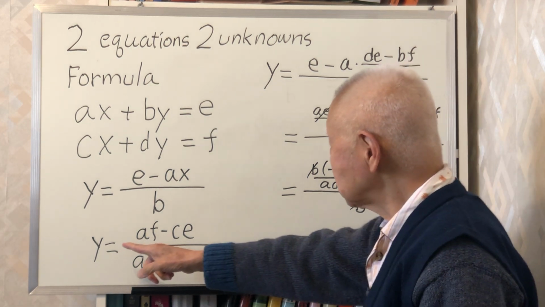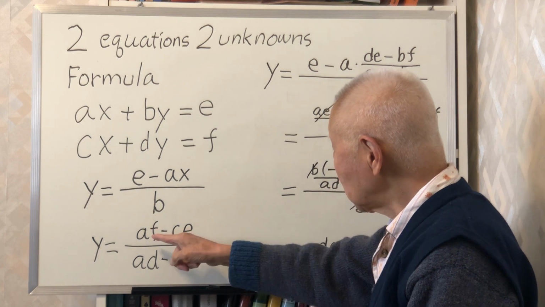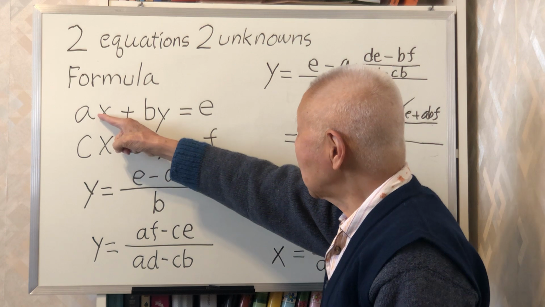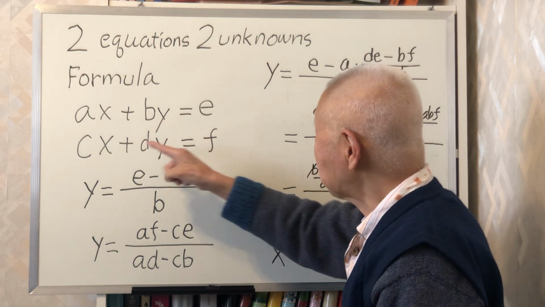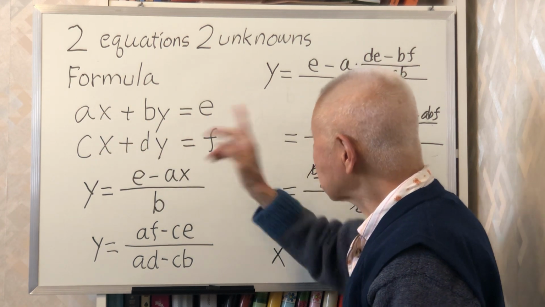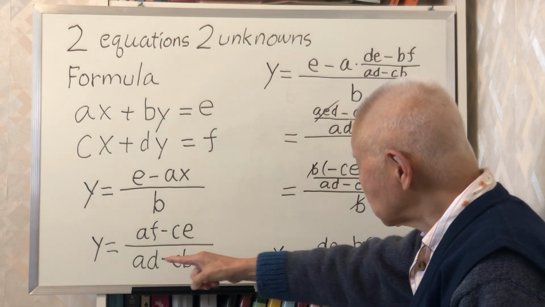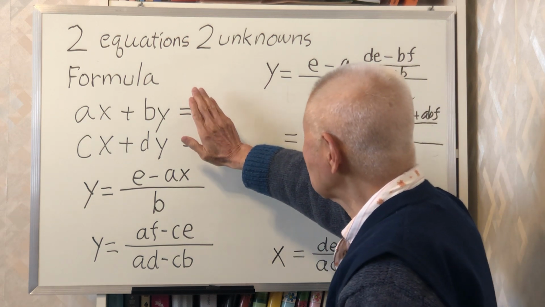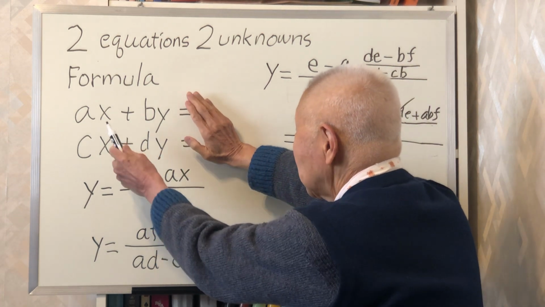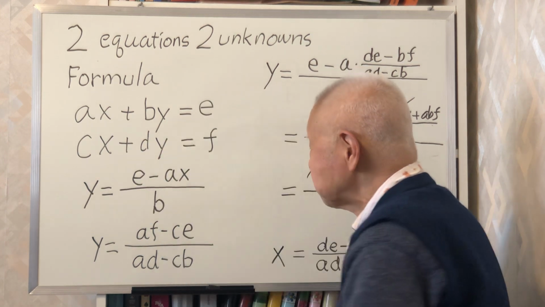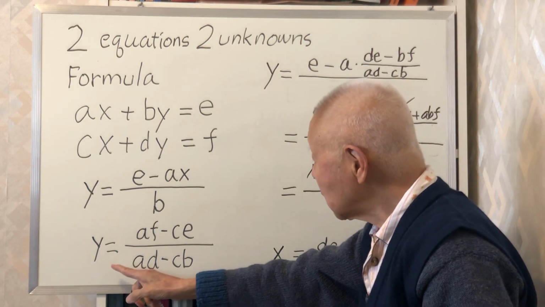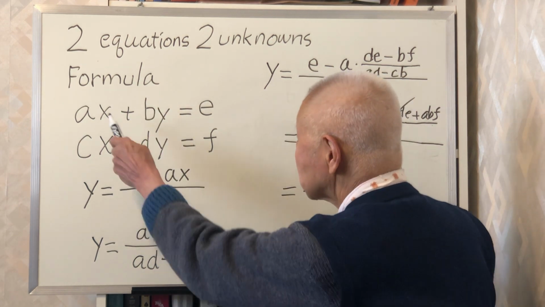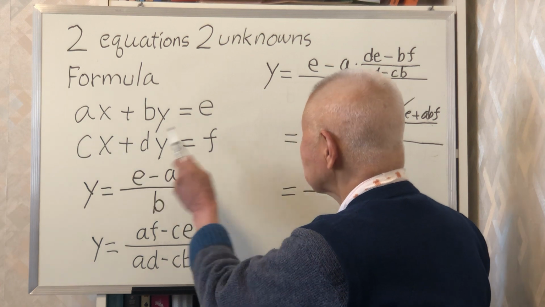For the y, look, AF minus CE. So, for the denominator, AD minus CB, don't look at this. For y, don't look at the y.